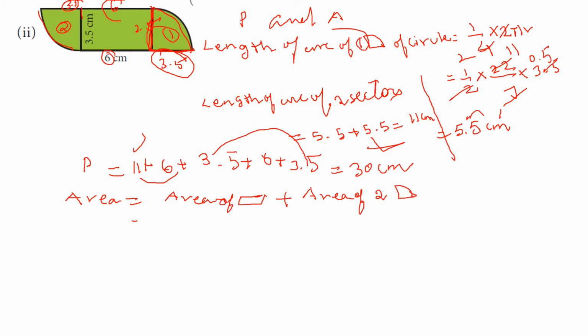L into B. So 6 into 3.5, plus area of 2 quadrants. What formula? First 2 into area of quadrant, 1 by 4 into pi r squared. So 1 by 4 into pi value 22 by 7 into r, which is 3.5 into 3.5.